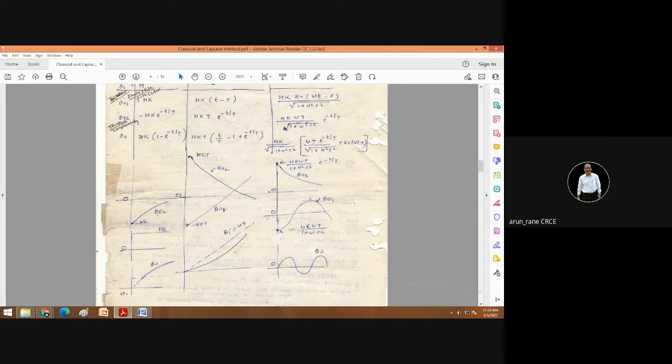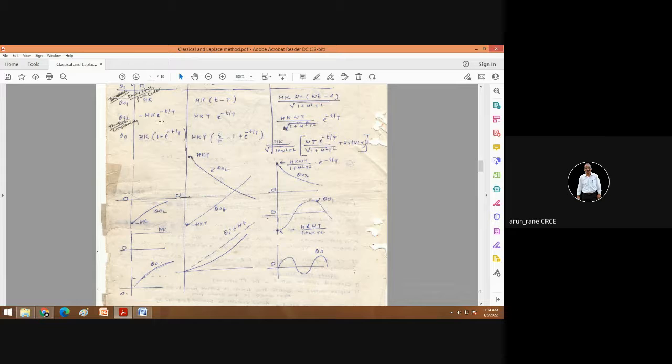Now if I want to represent this by graph, how do I represent it? Let us plot this theta O2 here. So this is a graph of time t on x-axis and amplitude on y-axis. Now look at this.